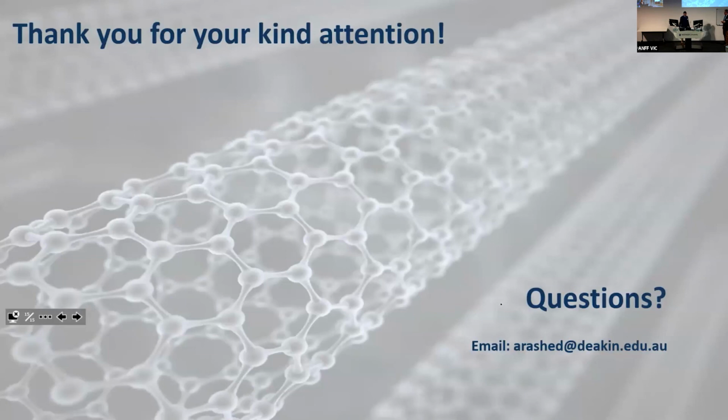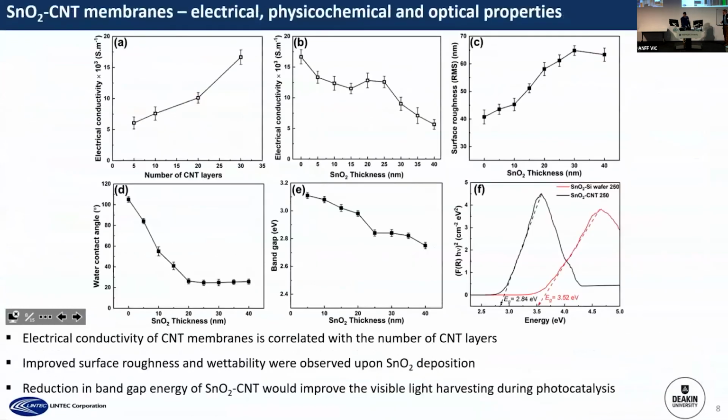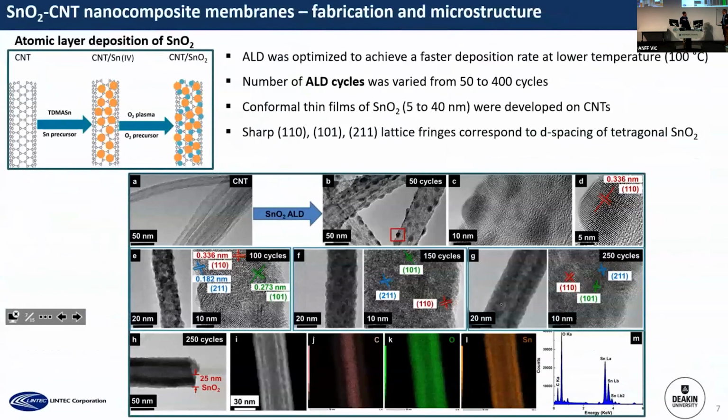Yeah, exactly, because I was very happy with how the ALD system at MCN is very, very precise and controlled in thickness. You can see here in this image that I measured the thickness of tin oxide on a silicon wafer. After 250 cycles, it was around 25 nanometer.